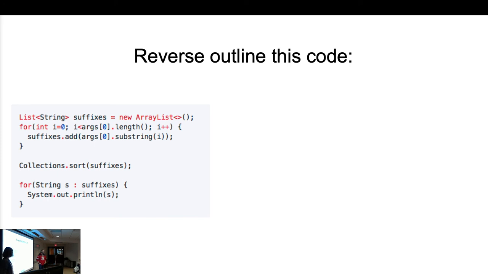How did array list? Hopefully, I heard. How do you know that? That's what it says on the box, right? So one thing that I've observed from the reverse outlining is that if on your reverse outline you basically have a word for word copy, then that's perfect code over there, right?